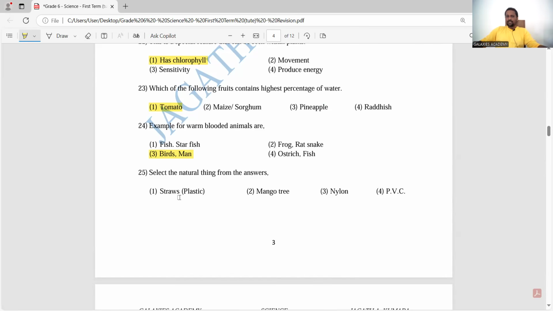Straws are artificial, no? They are plastic, no? Nylon is also artificial. PVC means the pipe, right? They are also artificial. So what is the correct answer? Natural thing, mango tree, right? It is the 25th question answer.